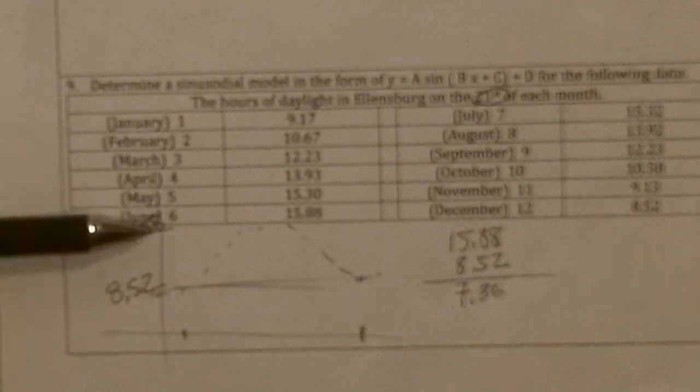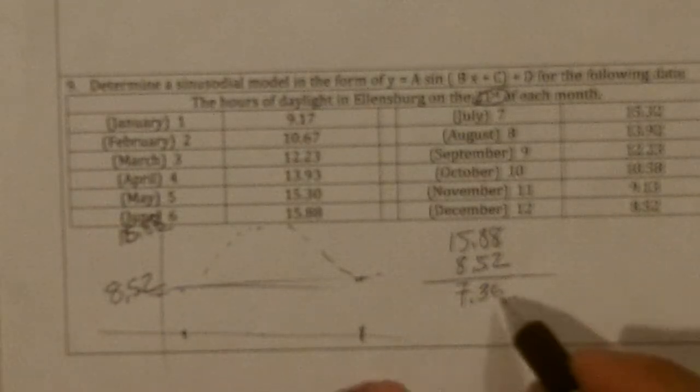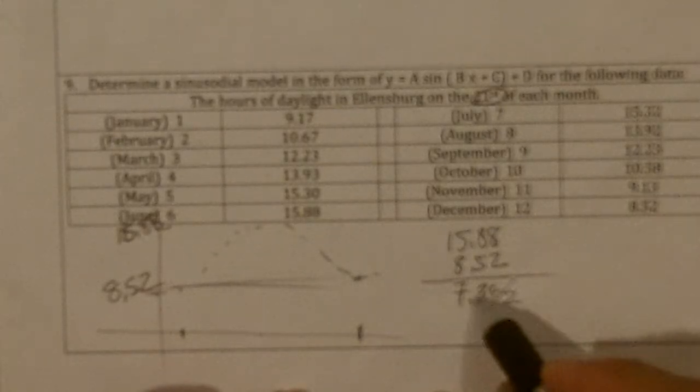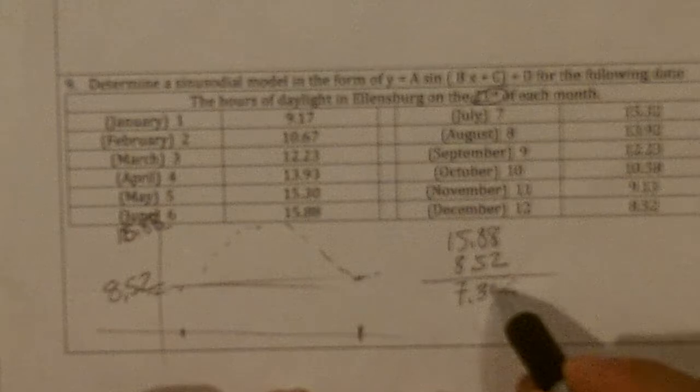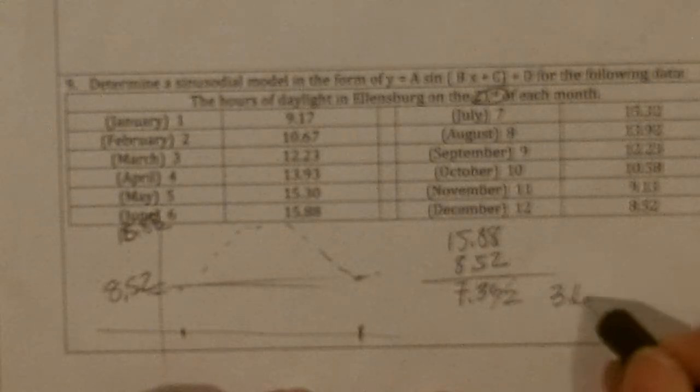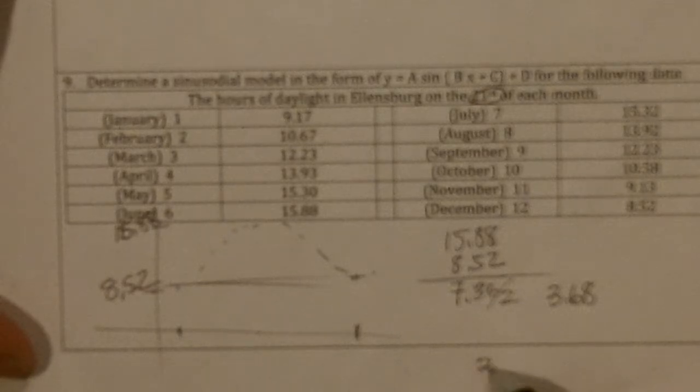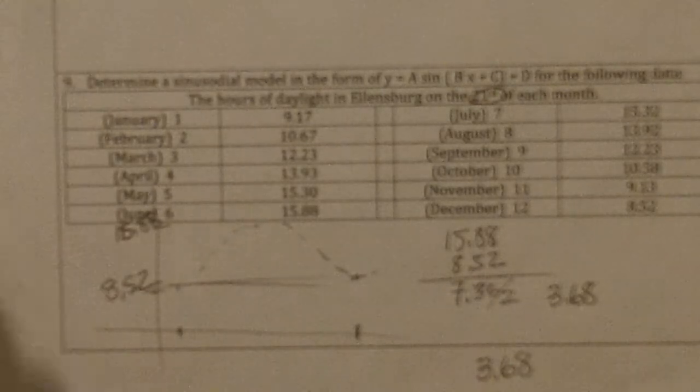The amplitude is half of that. So if I divide that by 2, that would be 3.68. So my amplitude should be 3.68.